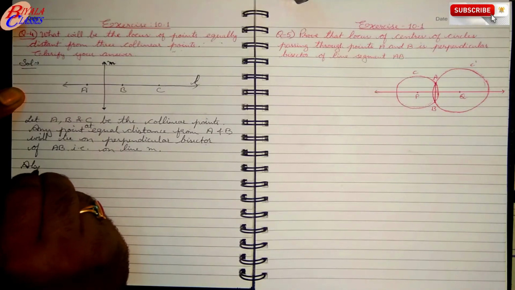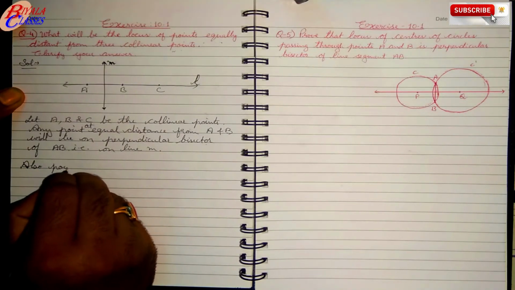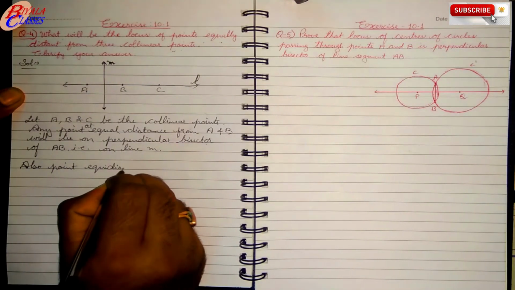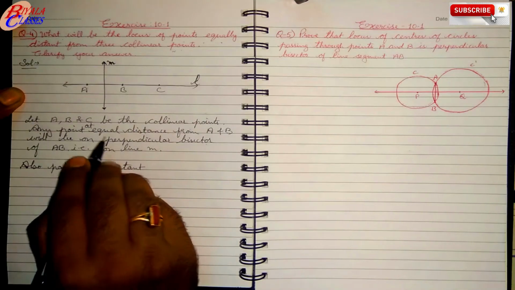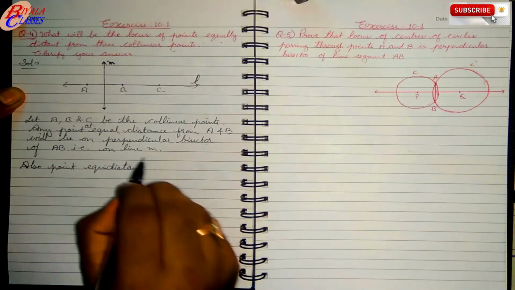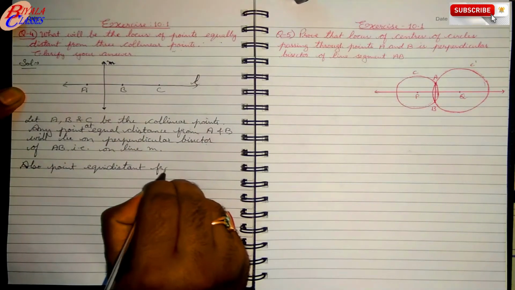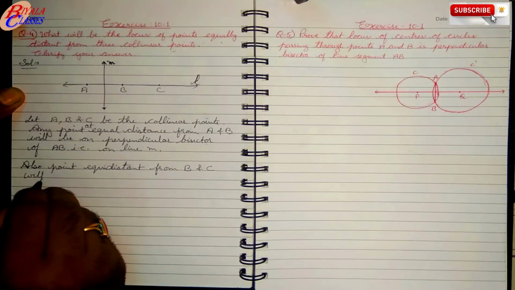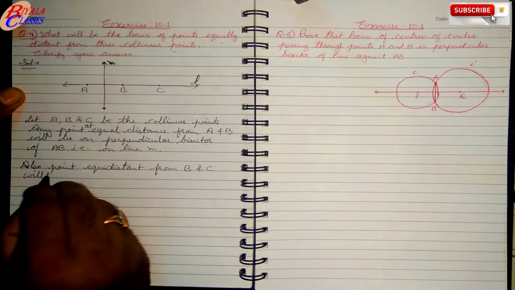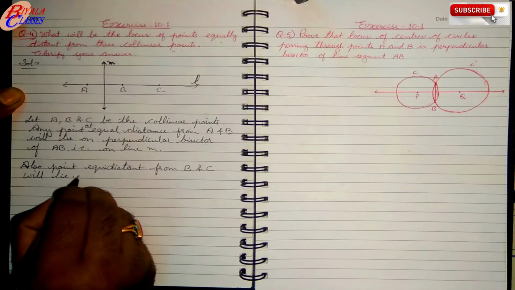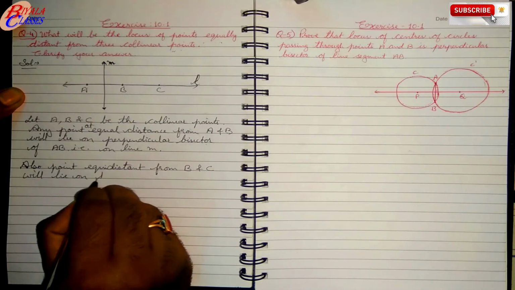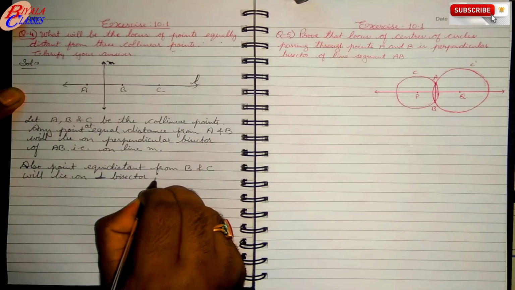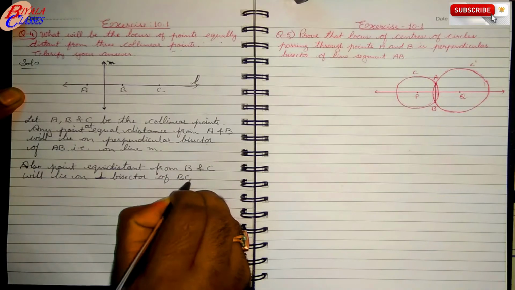Also, point equidistant, you may write it as at equal distance or you may say it equidistant from B and C. Now if you take these 2 points B and C, it will lie on, say, the perpendicular bisector of BC.